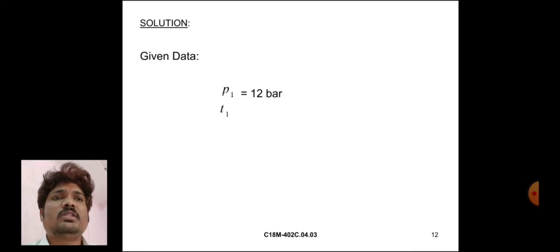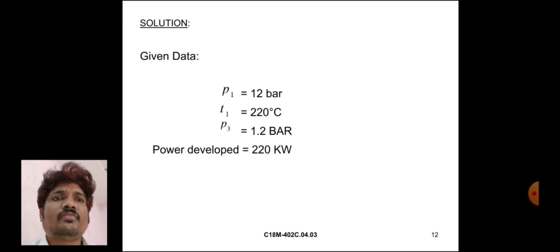Given data: P1 is equal to 12 bar, T1 is equal to 220 degrees centigrade, P3 is equal to 1.2 bar. P1 is the entry pressure, T1 is the entry steam temperature, P3 is the exit steam pressure.